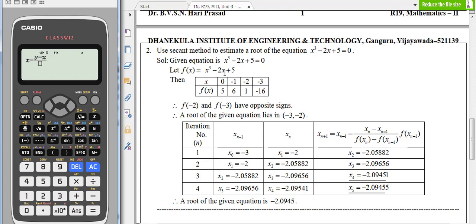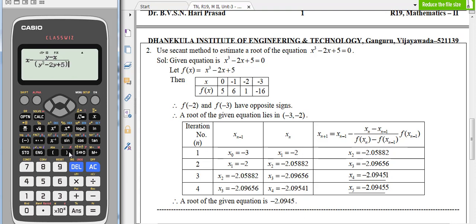F of x is x cube minus 2x plus 5, so f of y is y cube minus 2y plus 5.